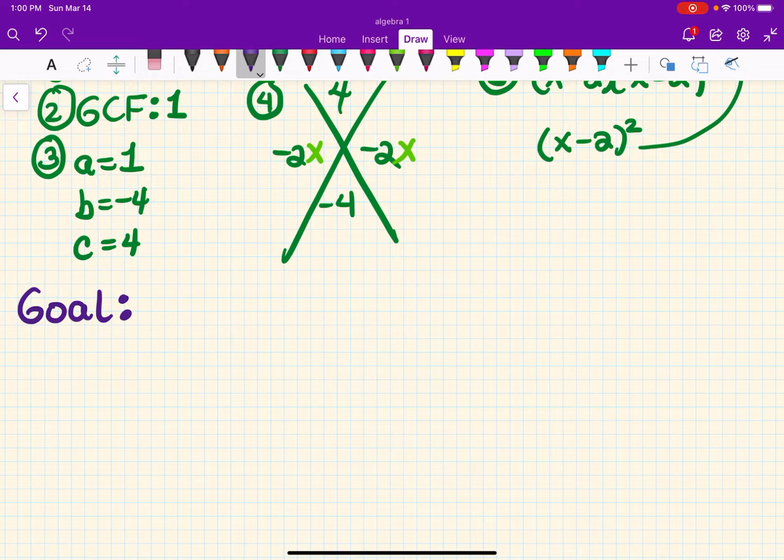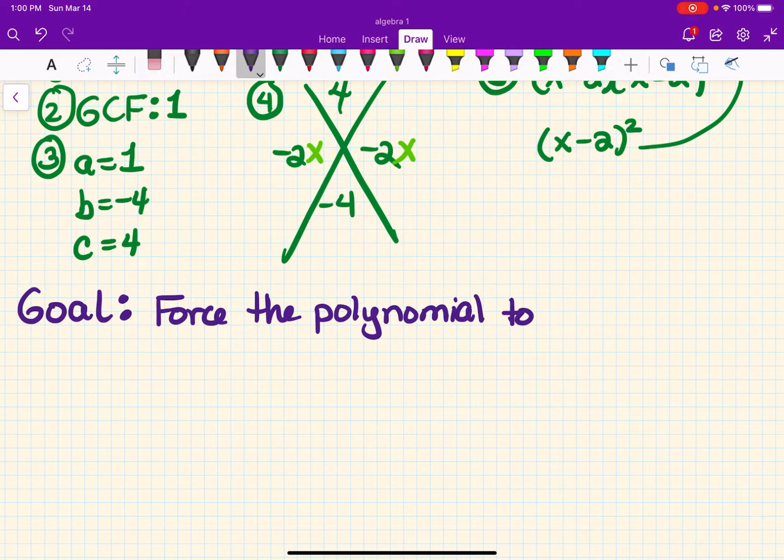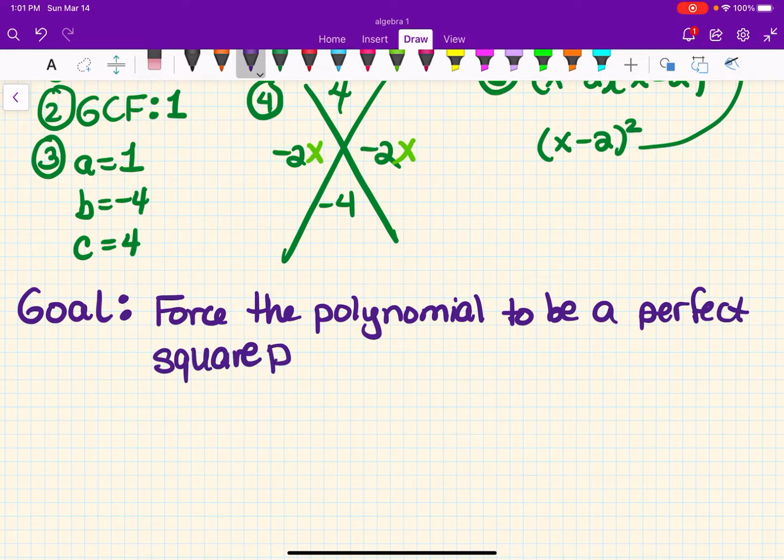But you're going to force the polynomial to be a perfect square by using algebra. Again, all the rules of algebra still apply here, so we have to be careful. We're going to use all the rules of algebra, and we're going to create perfect squares so it's easier to solve.